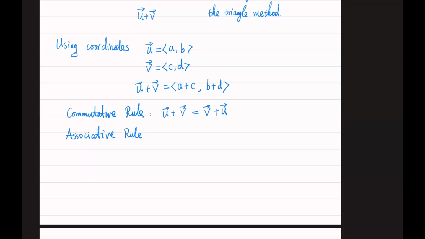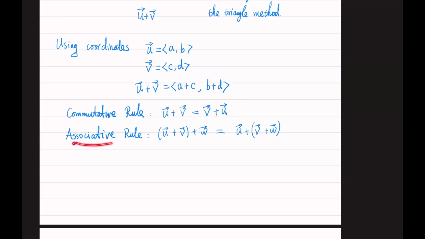Okay. So the next one, we have three vectors u, v, w. We can add u and v first, or we can add v and w first. All of them are fine. The rules are the same. This one is the commutative rule, it doesn't matter which goes first.